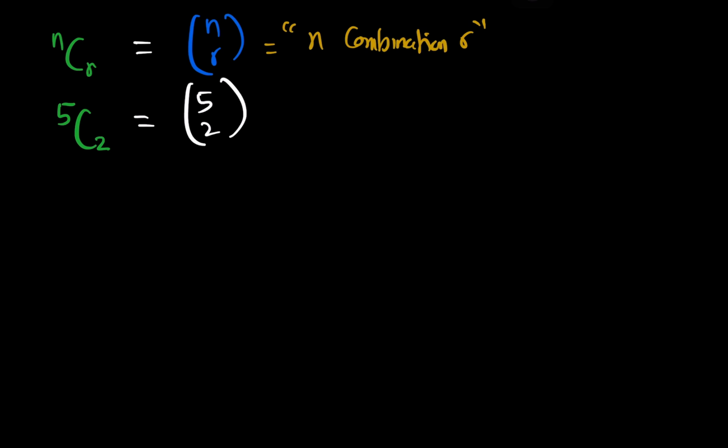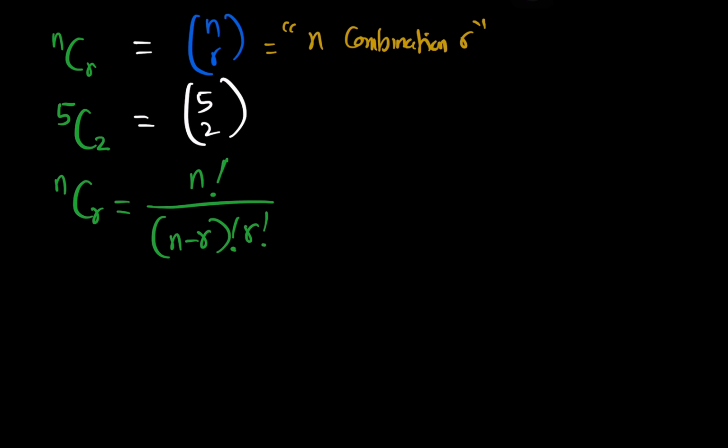Now, how do we express it? There's a formula. First of all, nCr is n factorial divided by n minus r factorial, and then you multiply it with r factorial.